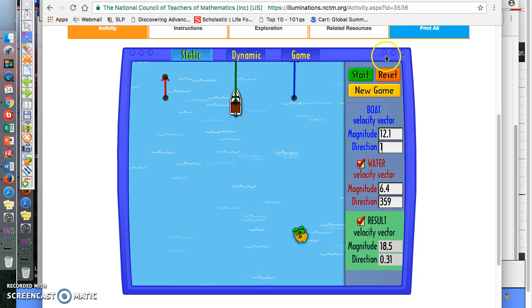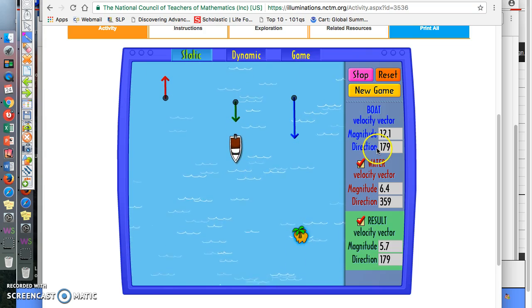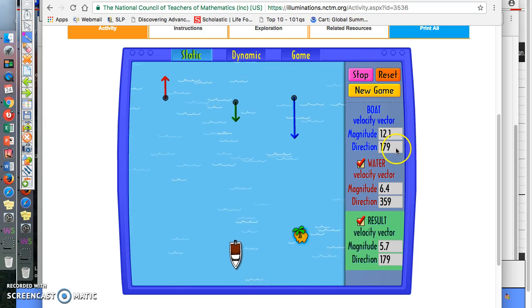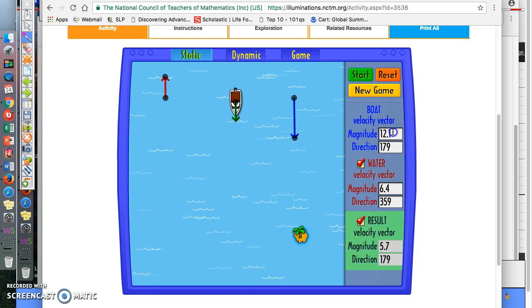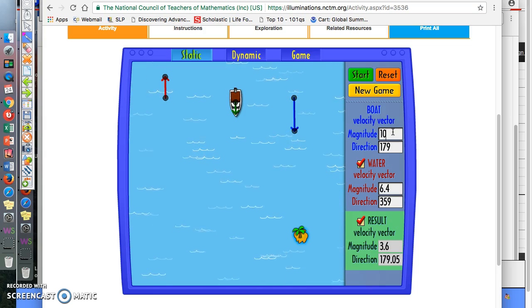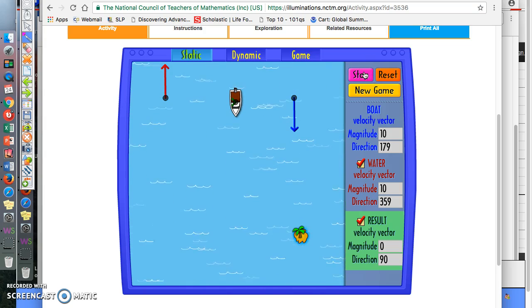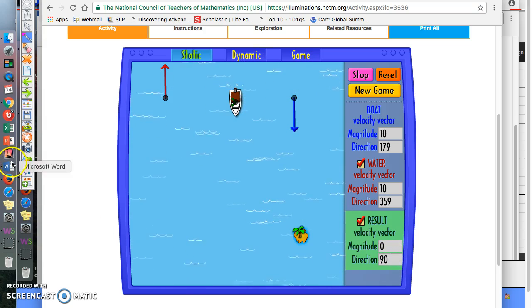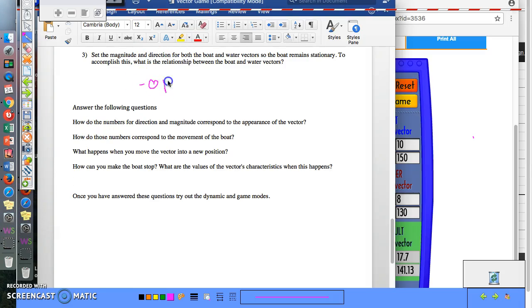What if we did 179? It's still moving. What if we switched our directions or our magnitudes? What if we had that be like 10 and 10? Now they're not moving at all. So the boat and water are facing opposite and are the same length. So if we went back here, they're opposite and the same length.